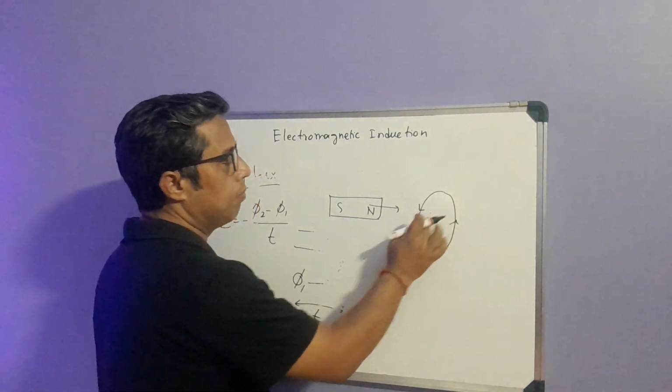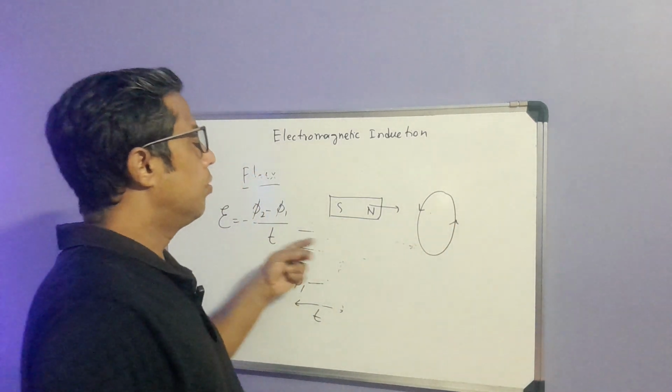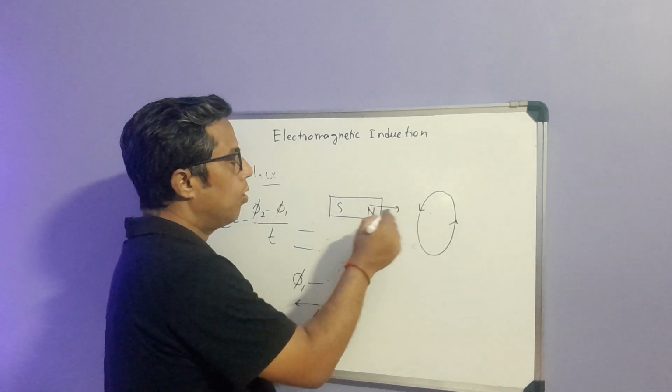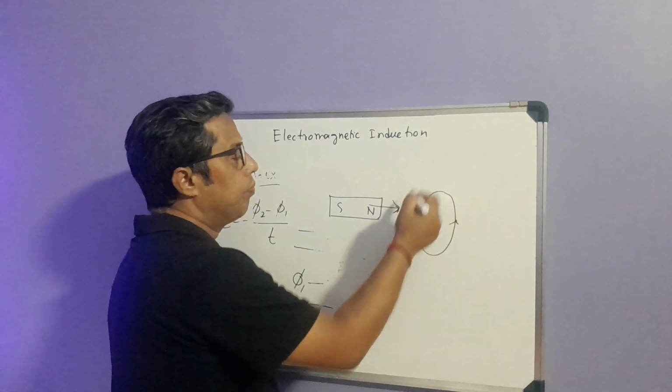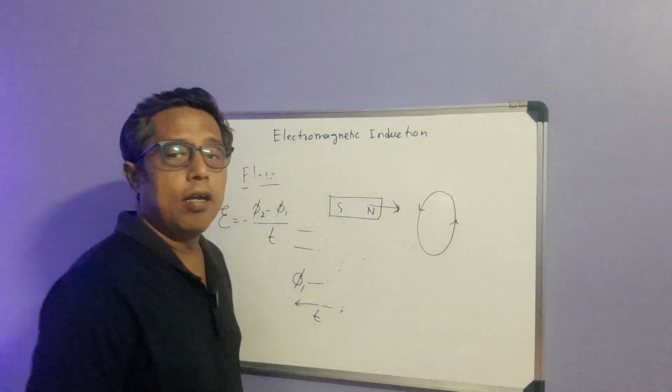This polarity I will explain in another session. So in front of the north pole, the current direction in the loop will be anti-clockwise.